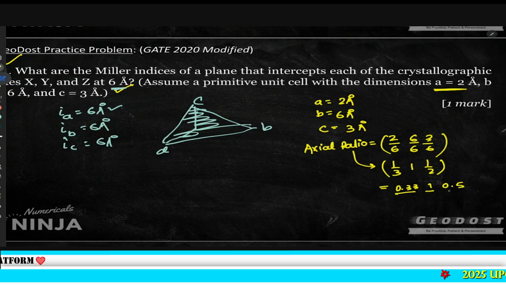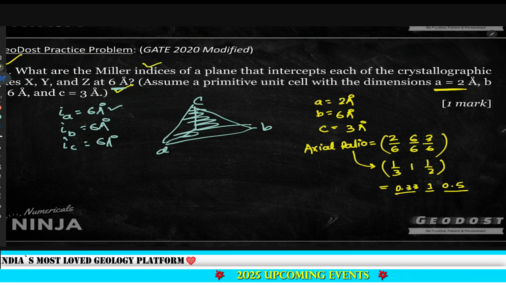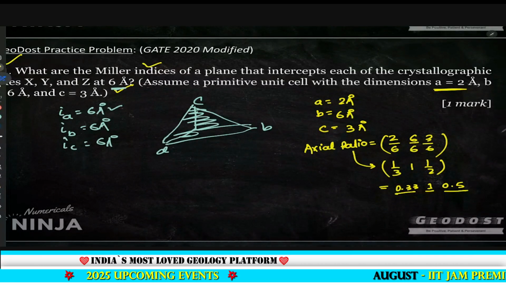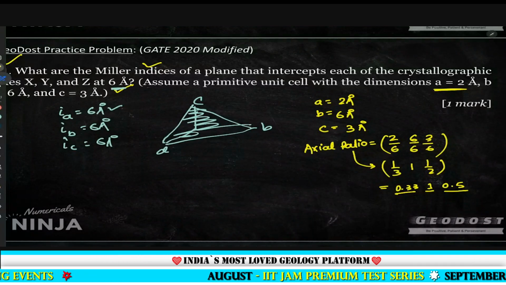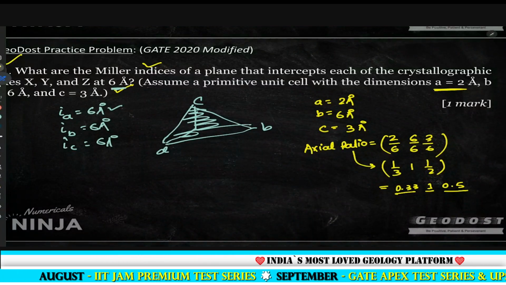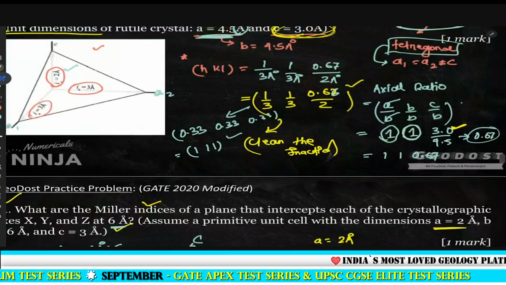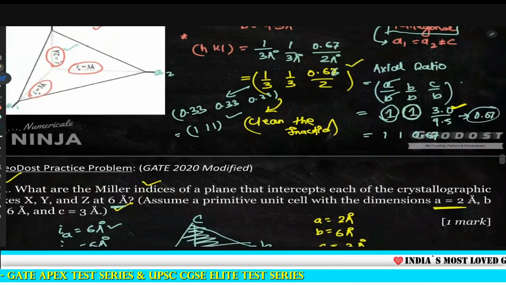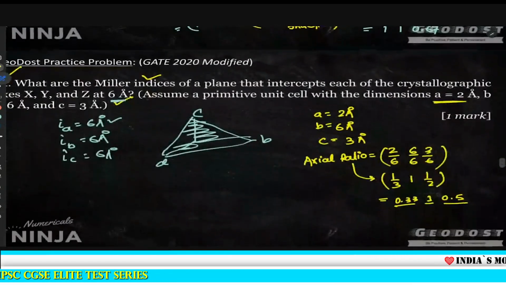Okay, these are the axial ratios we are going to use in order to determine the Miller indices for that plane which intercepts each crystallographic axis x, y, z at 6 angstrom distance. So what is the formula for the Miller indices hkl? That is the axial ratio divided by the axial intercept.